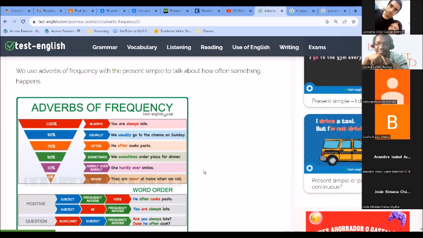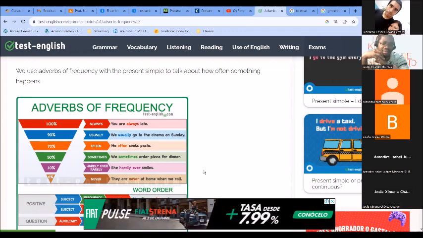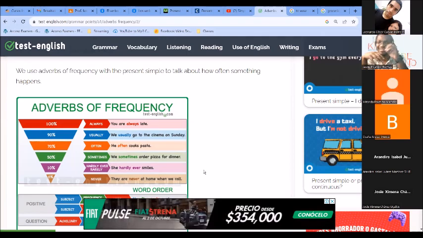Yes, I usually take a taxi. Oh, all right. Alessandra Lisette, do you ever go to Perisur to watch movies? No, I never go to Perisur to watch movies.